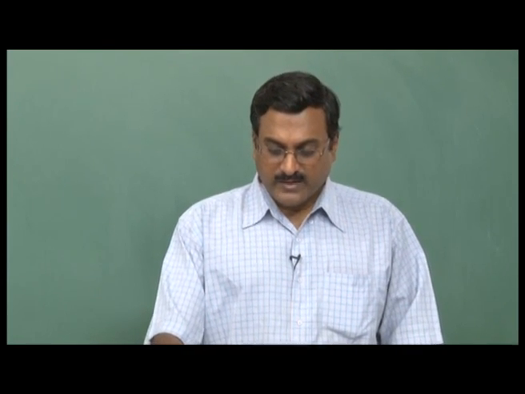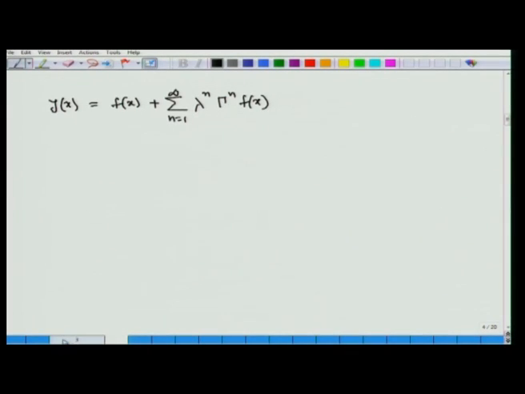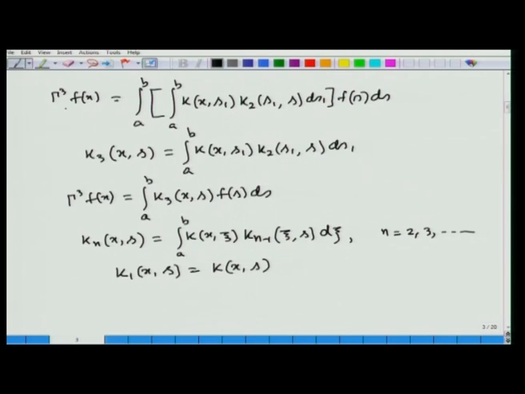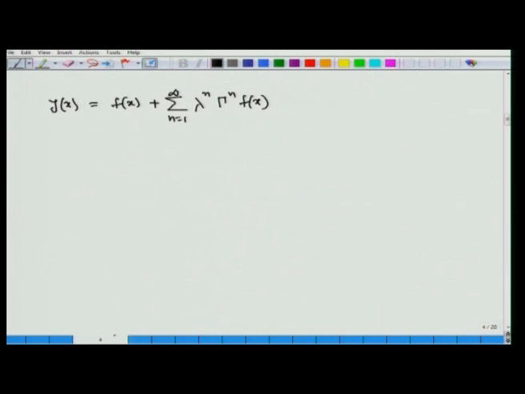And now, using these earlier results for gamma 3 f(x), gamma 2 f(x), and in general, you can write this gamma n f(x) in terms of the nth order iterated kernel. We can write this as f(x) plus sigma n running from 1 to infinity lambda to the power n integral a to b kn(x,s) f(s) ds.